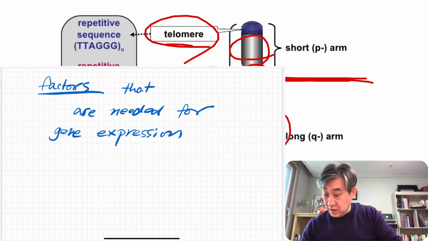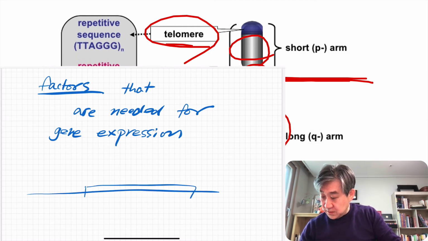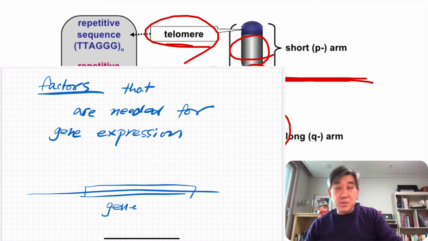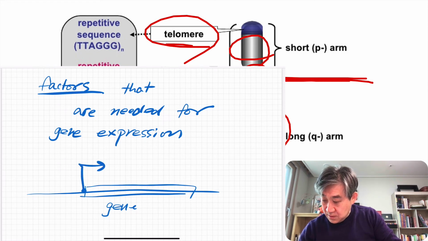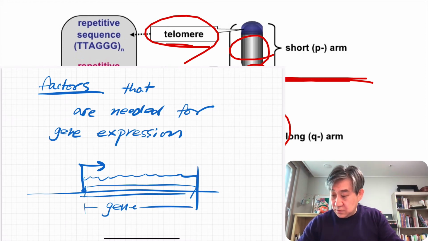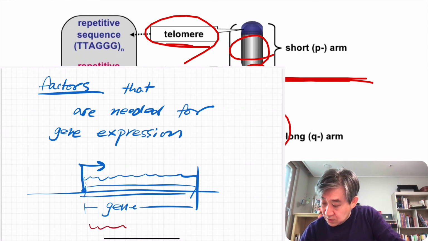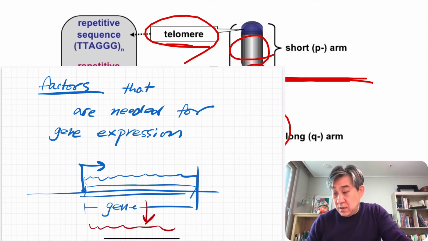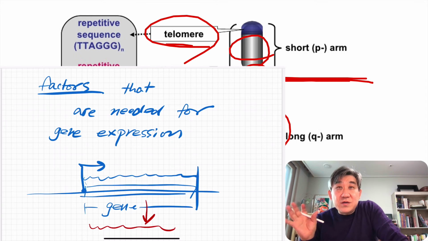So let's say this is the gene, which means the RNA can be made. Let's say this is the starting point, and from here the RNA will be generated until this area. So this is the area of the gene. To start this RNA making activity, what kind of factors are needed?